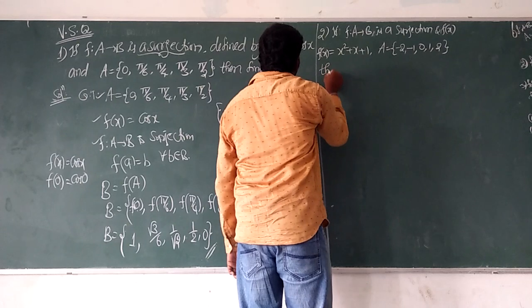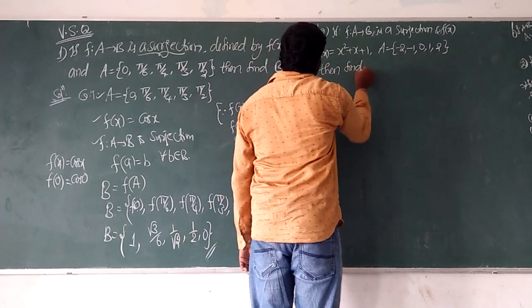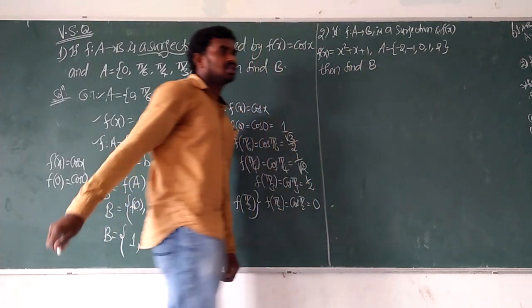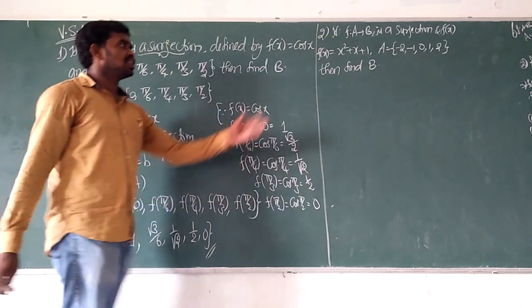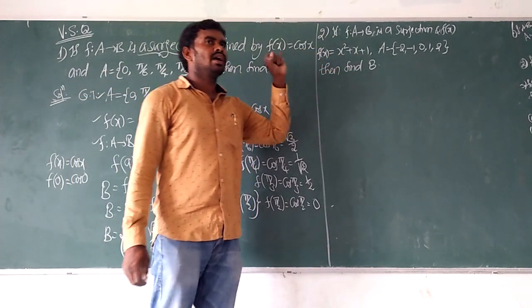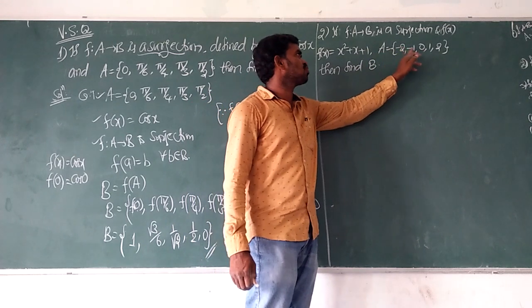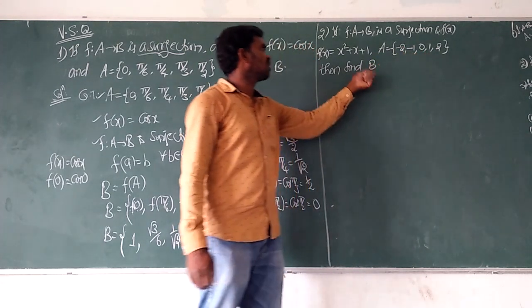Then find capital B. Okay, the function is defined by x square plus x plus 1, and the domain capital A is given as minus 2, minus 1, 0, 1, 2, and we are asked to find B.